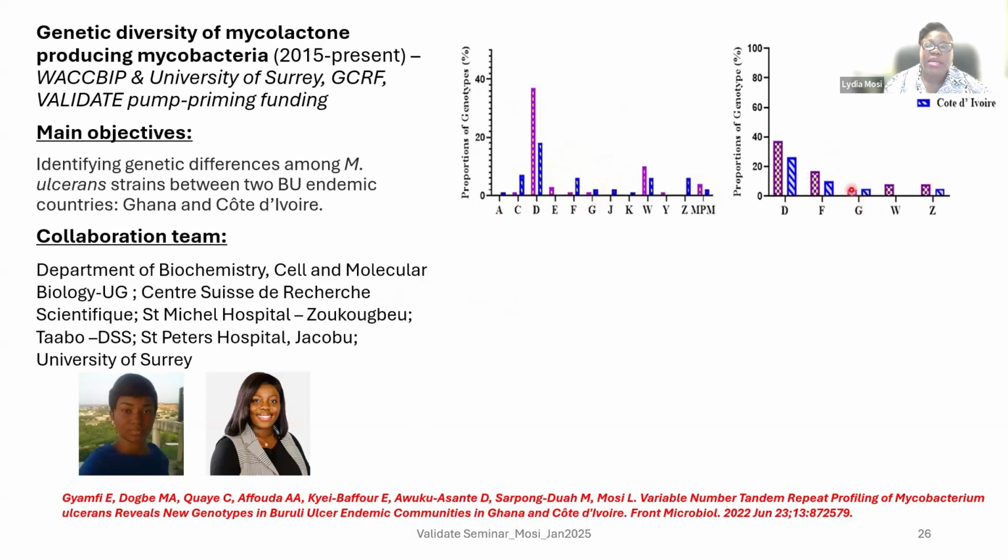So as you can see, most of the environmental samples have more variations in their VNTR profiling, or should I say, we had more mycobacterial strains, and again, I'm saying quote unquote mycobacterial strains, in the environment compared to humans.